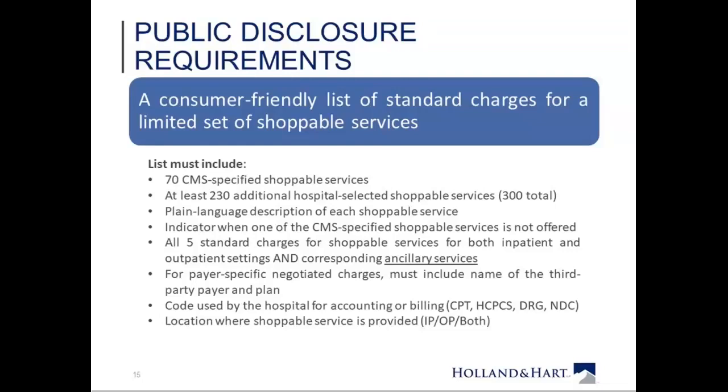So the requirement is that you have a total of 300 shoppable services. If you only had 65 of the 70 CMS services, you would then need to provide 235 hospital-selected shoppable services. Additionally, if your facility does not provide 300 total shoppable services, that's permissible. You don't have to provide prices for services you don't provide, obviously.